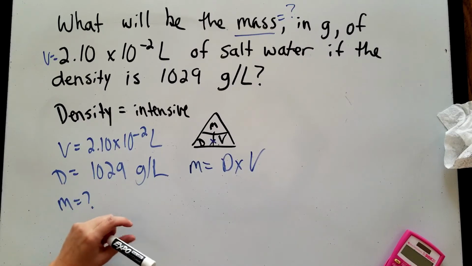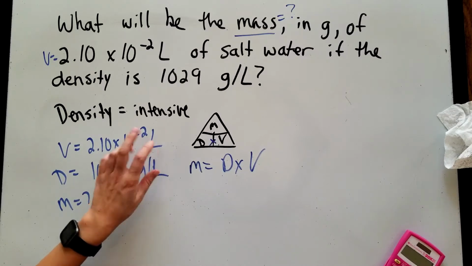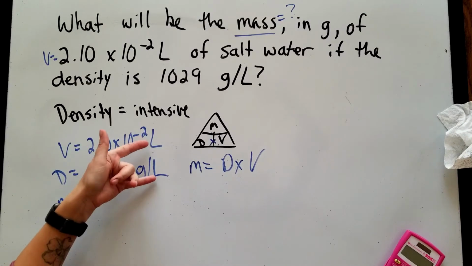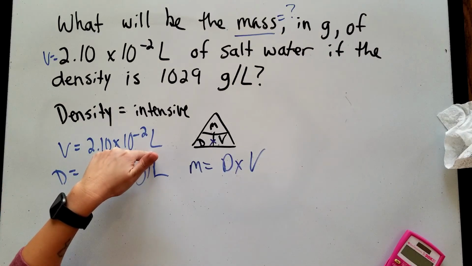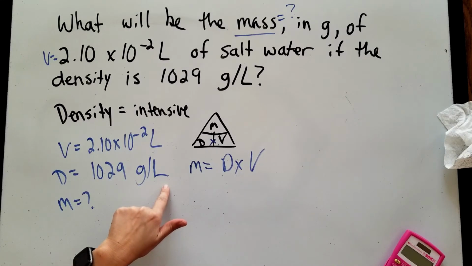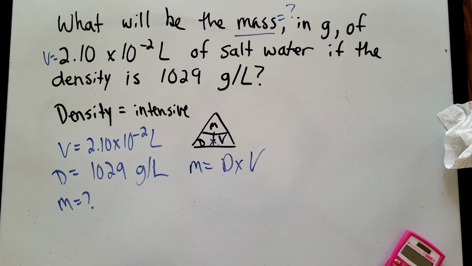The reason I wanted to do one like this is because a lot of times we'll see liters and we'll say, oh no, we need to convert that to milliliters to solve the problem. Not necessarily. What's important is that the units are the same, and they are, so there's no conversion necessary. We have our volume in liters, and our density, since it's given in grams per liter, liters and liters will cancel, so no changes are needed. We can just plug those in exactly how they are.